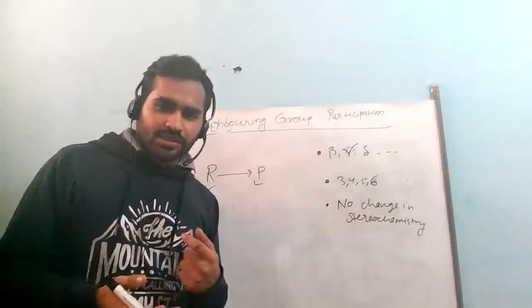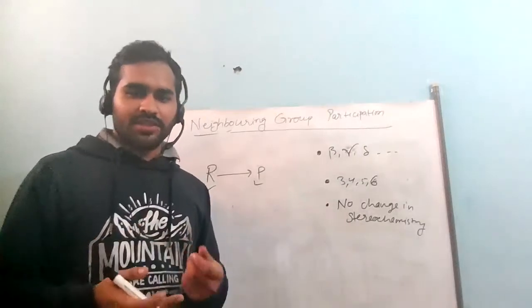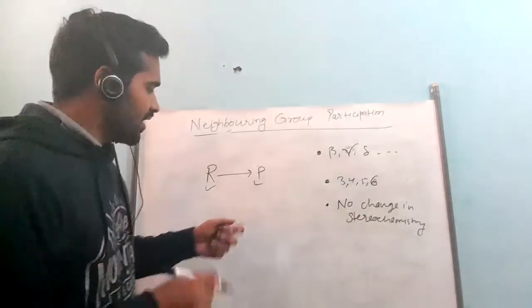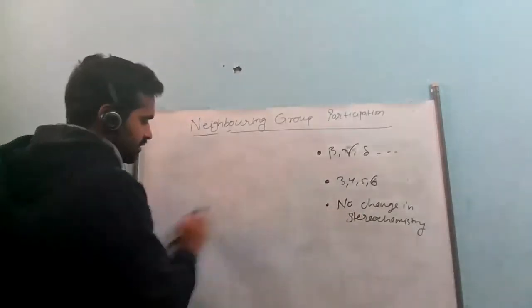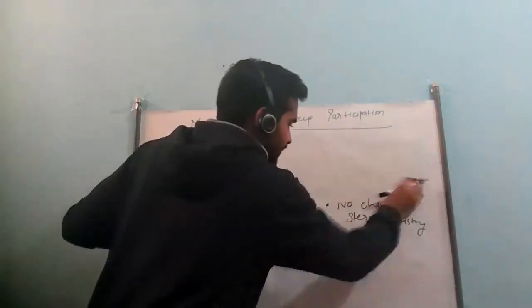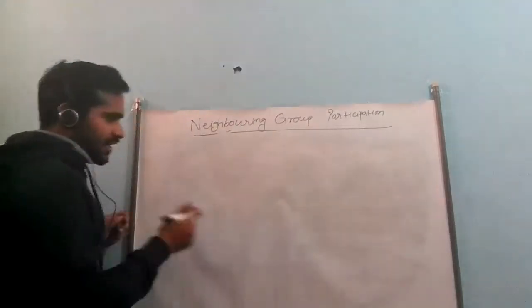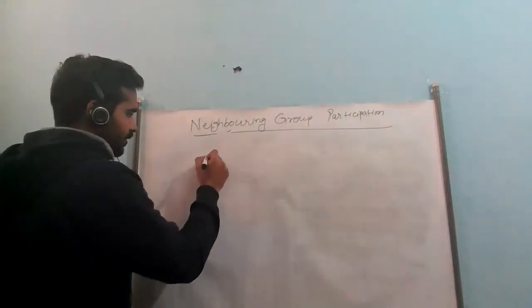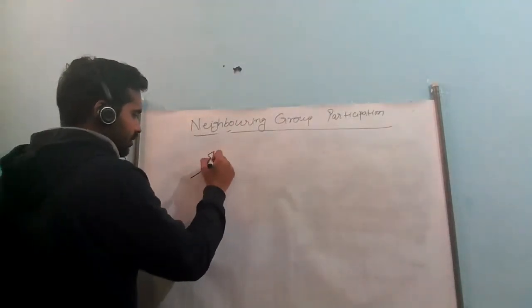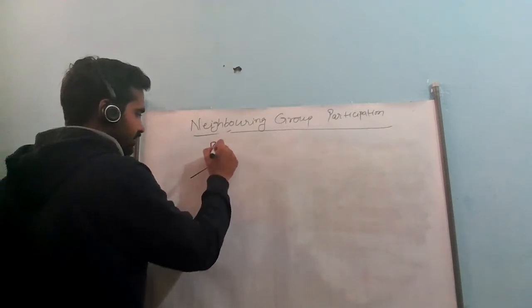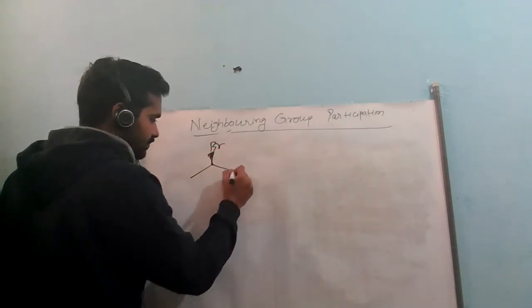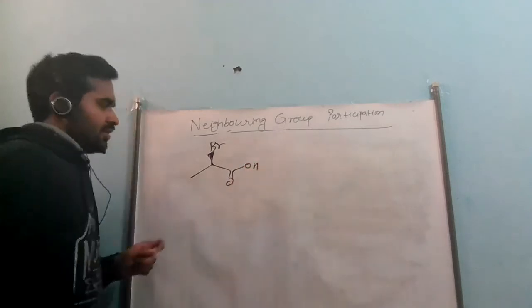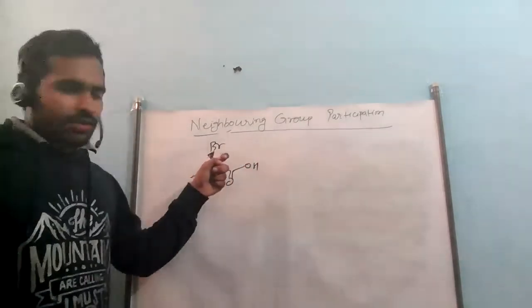How there is no change in stereochemistry, we will see with the help of some examples. Suppose I have this structure. In this compound, the group is above the plane.